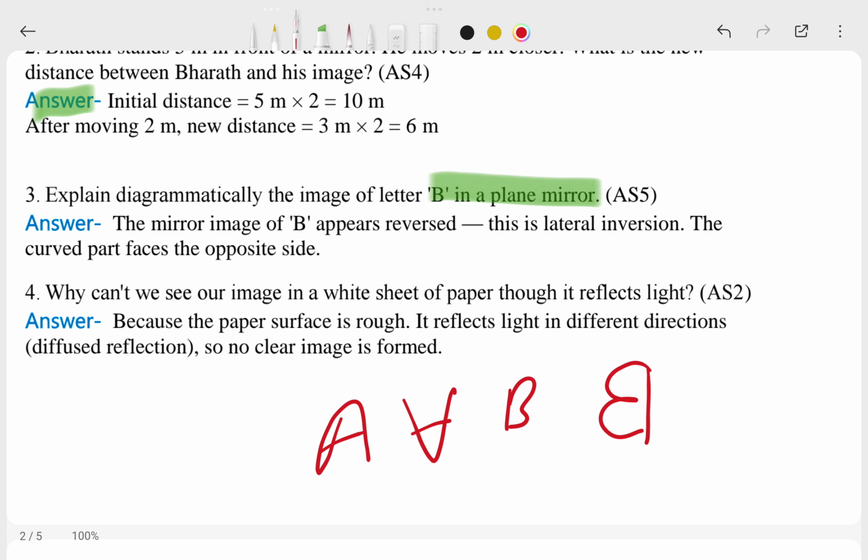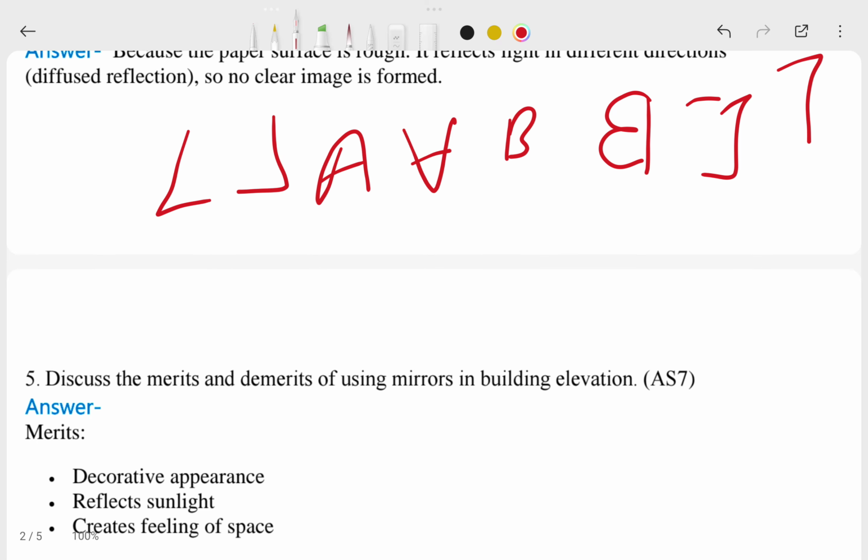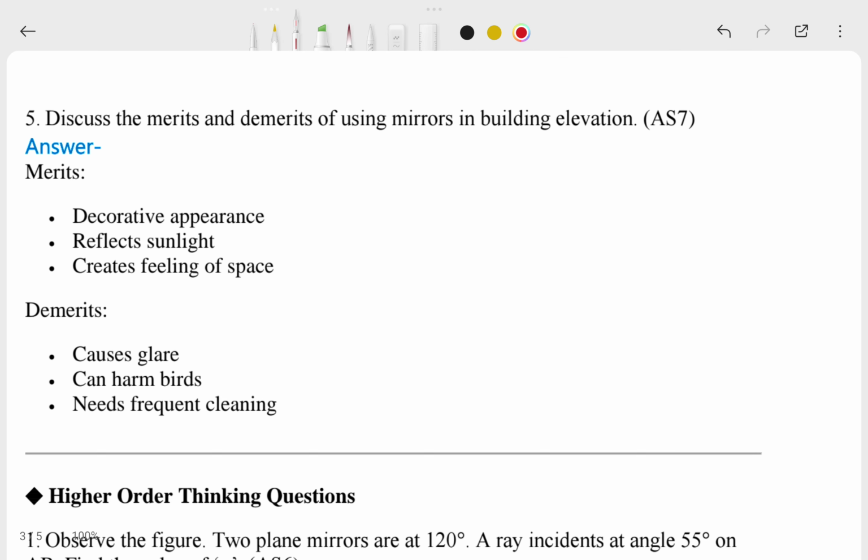This happens in the plane mirror only, and if you put L, it becomes like that. You can look at how it is becoming. Left becomes right, and right becomes left in the plane mirror. The fourth question you can also look at. Now let's see the fifth one.